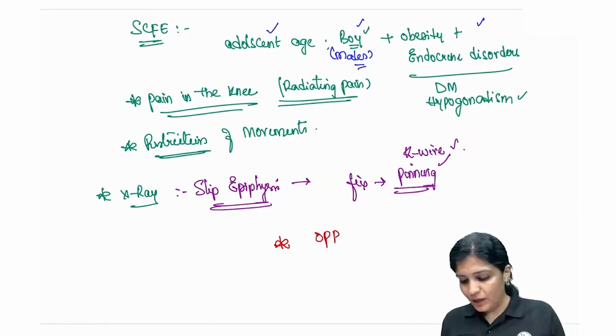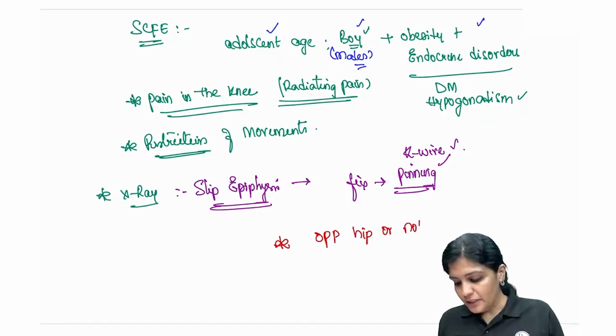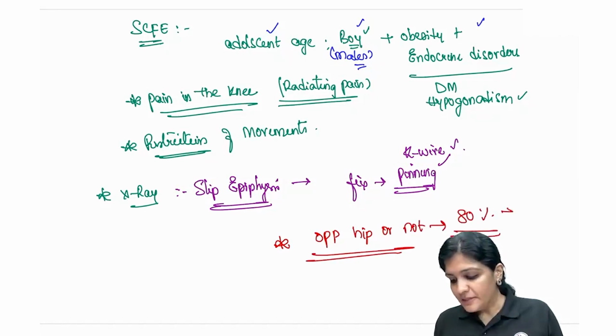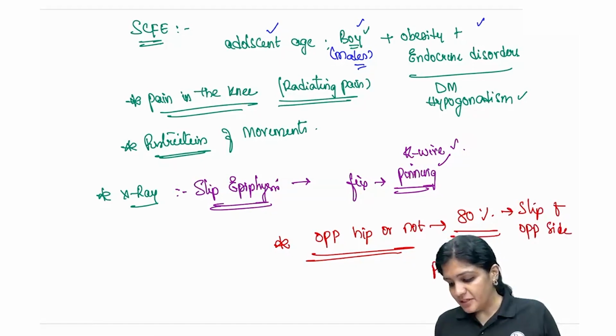And what they can ask you is about the opposite side: whether you have to fix the opposite hip or not. Usually in 80% there will be a slip of the opposite side also. Hence you do prophylactic fixation of the opposite side also.